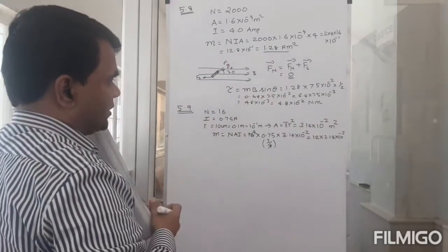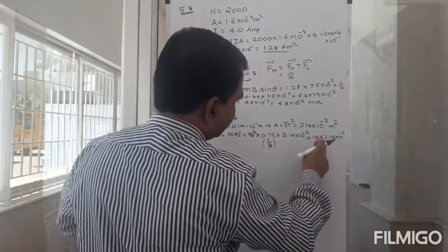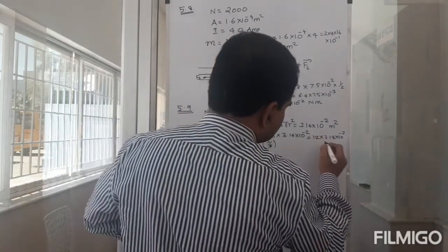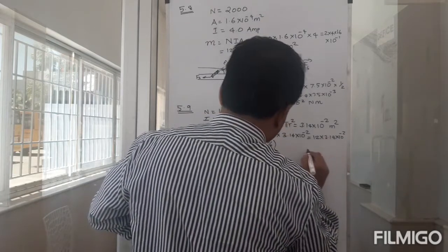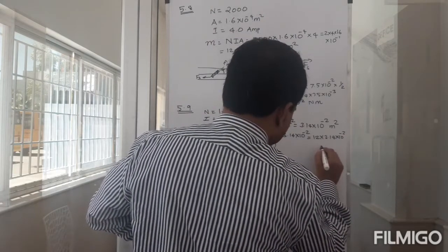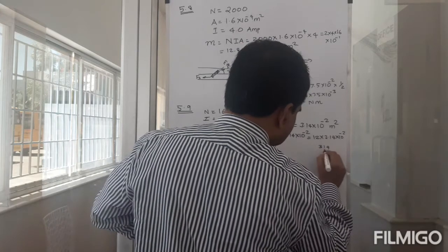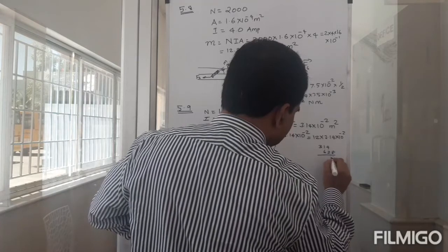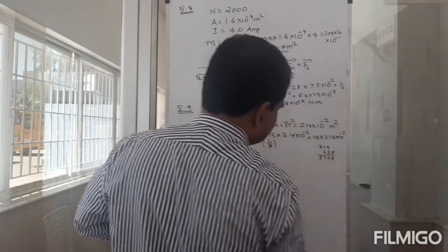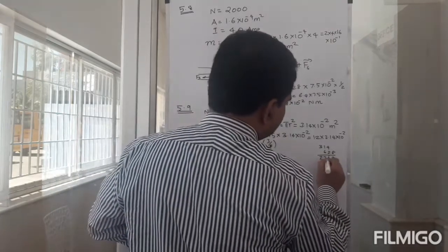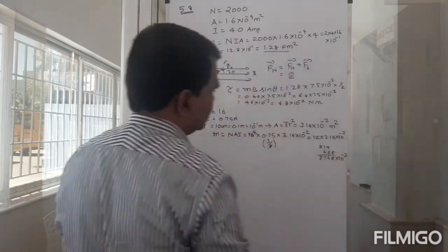So what am I going to get now? 12 into 3.14 gives 37.68 into 10 power minus 2.